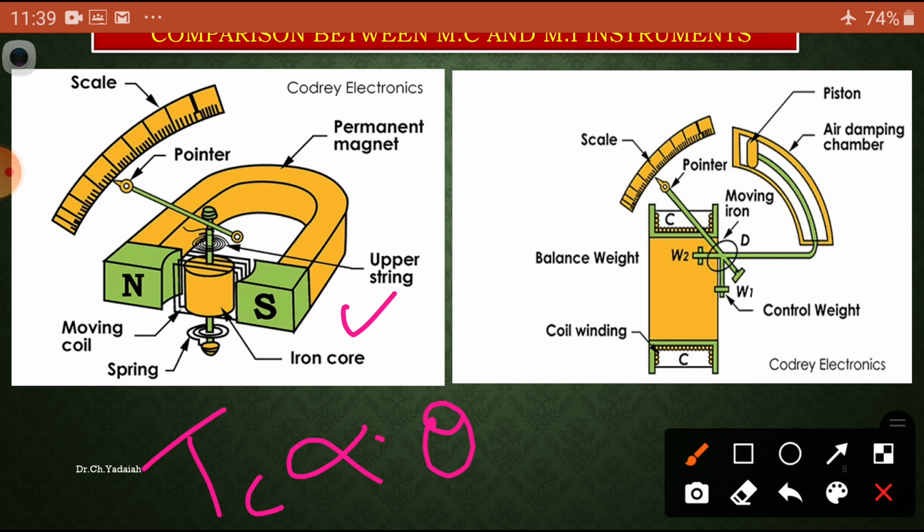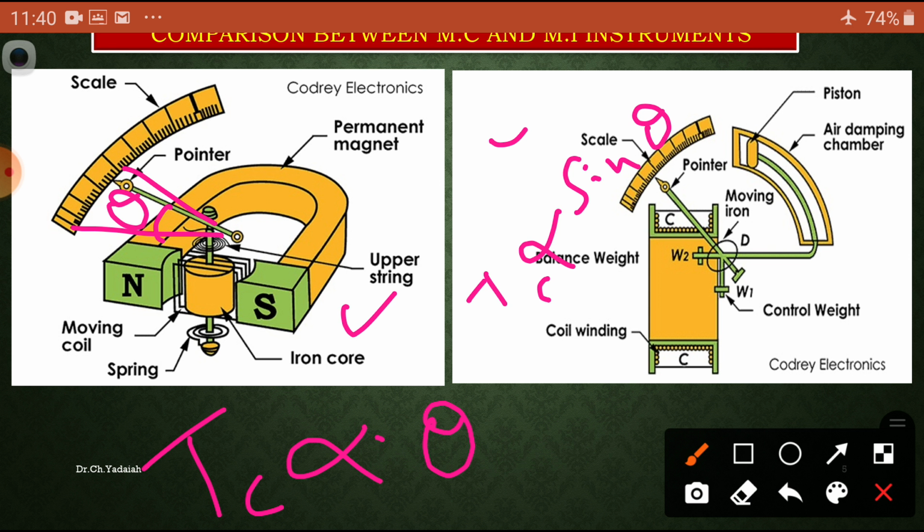How much is the deflected angle from the initial position? What is theta? In moving coil instruments, the controlling torque is proportional to the angle of deflection. Whereas in the other case, the controlling torque due to gravity is directly proportional to sin theta.